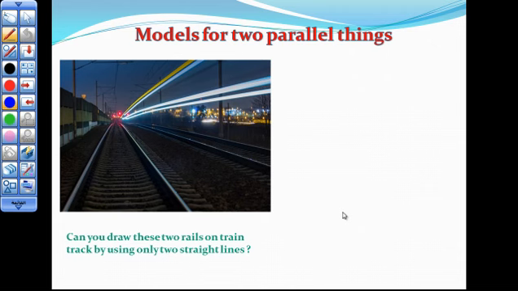Please try to do it. Your answer is going to be like this. This is the first line and this is the second line. Now they are parallel to each other.